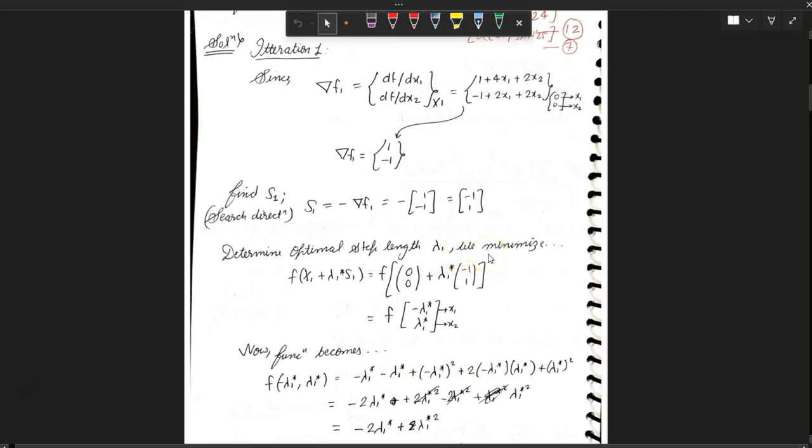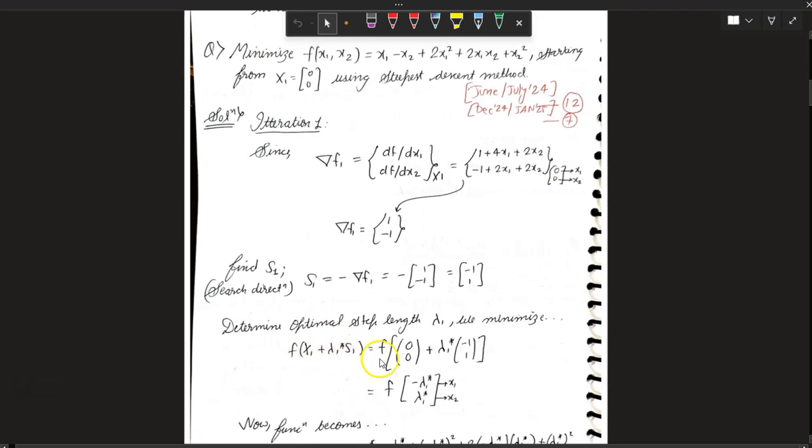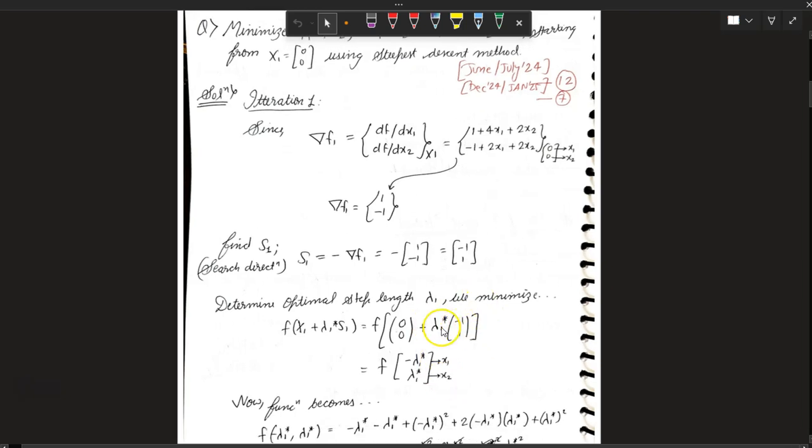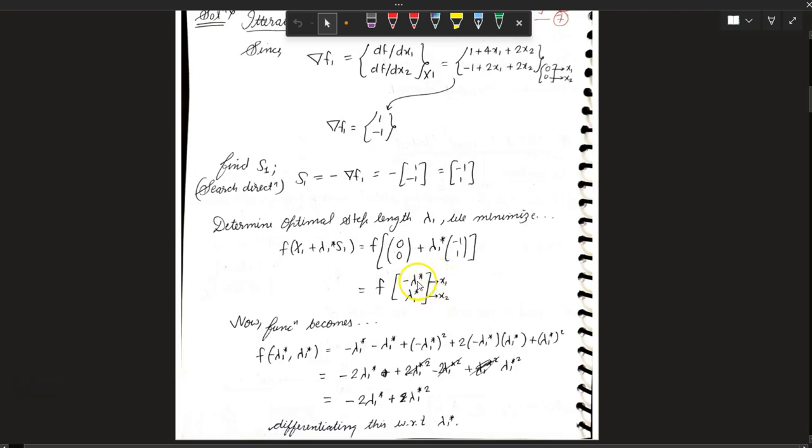So for that we minimize this equation. Okay, so how to minimize? f of X1 plus lambda 1 star s1 you have to take and put all the respective values over here. Okay, f of X1, which is (0, 0), plus lambda 1 star s1, which you find from here. Okay, so put the same value here and then calculate it. Lambda 1 star into minus 1 is minus lambda 1 star, and this is lambda 1 star. Okay, so this is the value, and take this as x1 and this as x2.